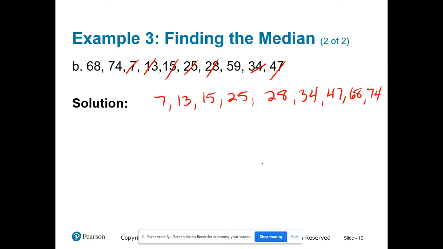All right, so we count up how many numbers we have: 1, 2, 3, 4, 5, 6, 7, 8, 9. So there's an odd number of numbers.